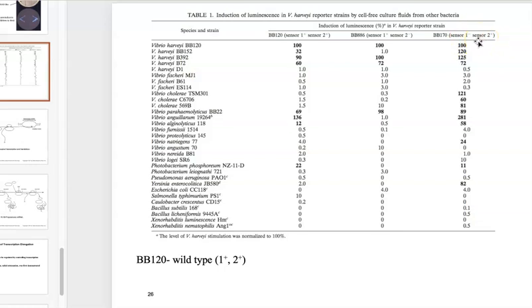They're basically just growing these different strains up in a flask, spinning them down, and then taking a little bit of culture supernatant and adding it to cells of either this or this to look at induction of luminescence.